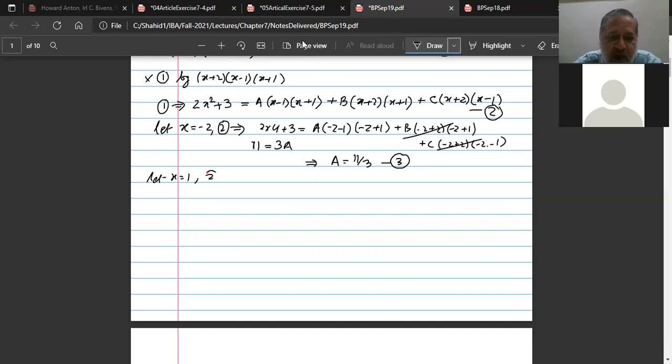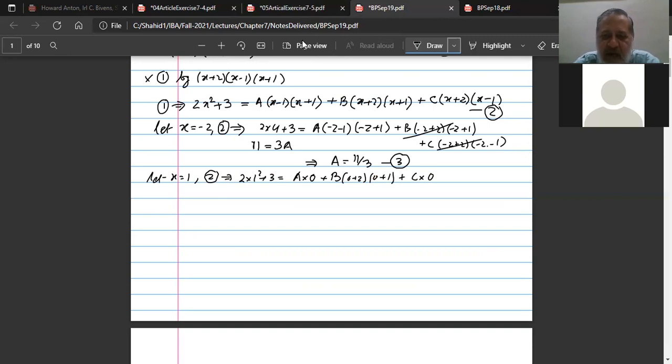So this will imply what? The left hand side, 2 into 1 square plus 3. I just write a into 0 plus b times 0 plus 2, 0 plus 1 plus c times 0.